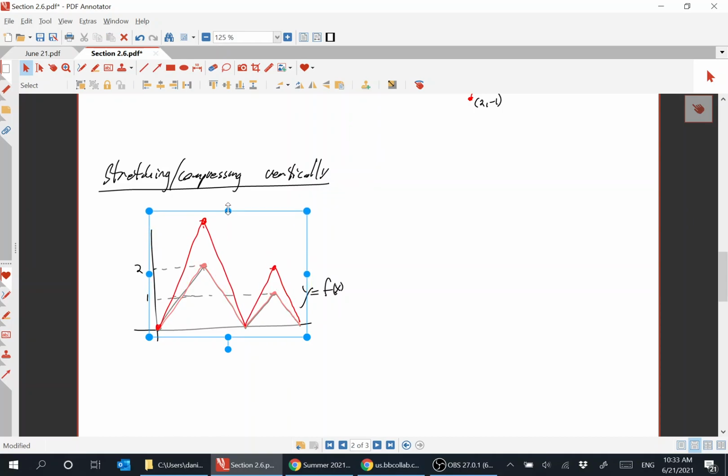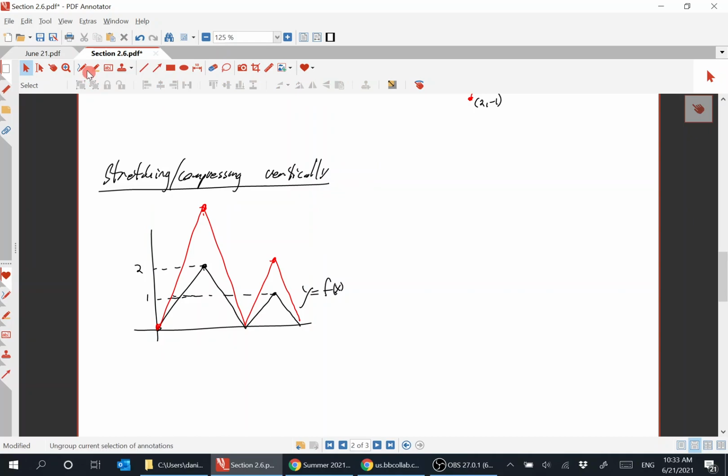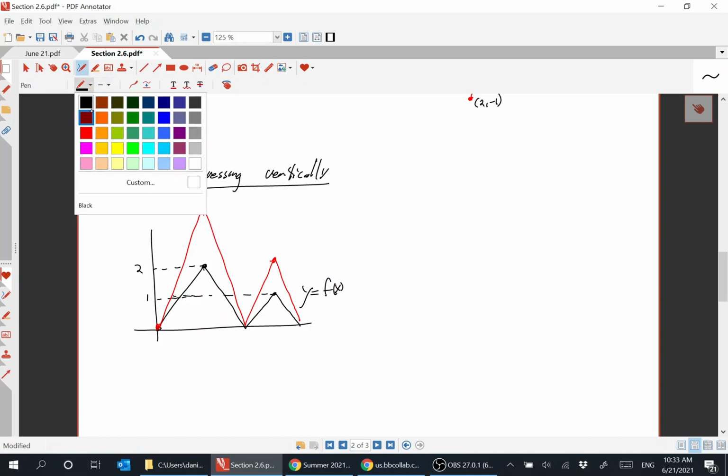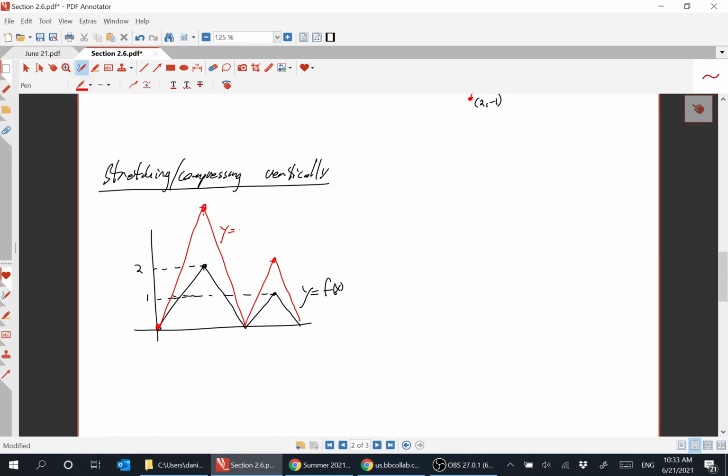So it gets stretched upward like that. All right, so that would be the function y equals 2f of x. y equals k f of x for some k bigger than 1. Well, we'll do that as an example.